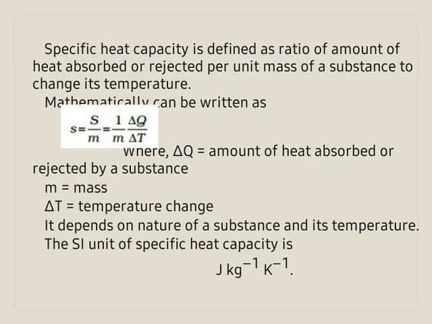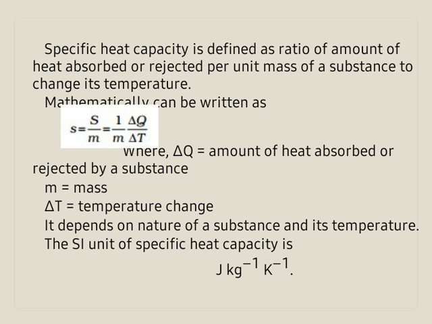How can it be expressed mathematically? It can be written as small s is equal to capital S divided by m, which is equal to delta Q by m delta T, where delta Q is the amount of heat energy absorbed or rejected by the substance, m is the mass of the substance, delta T is the change in temperature, and capital S is the heat capacity of the substance.